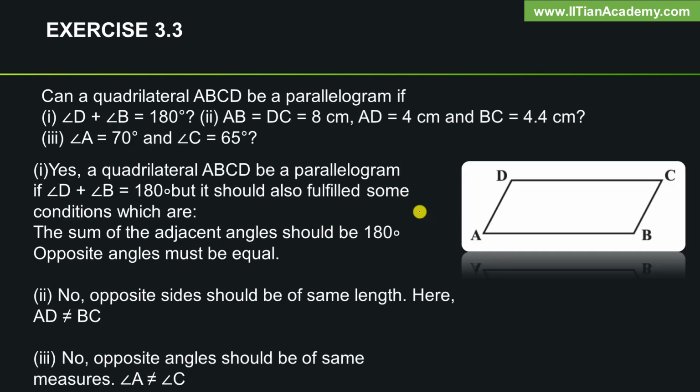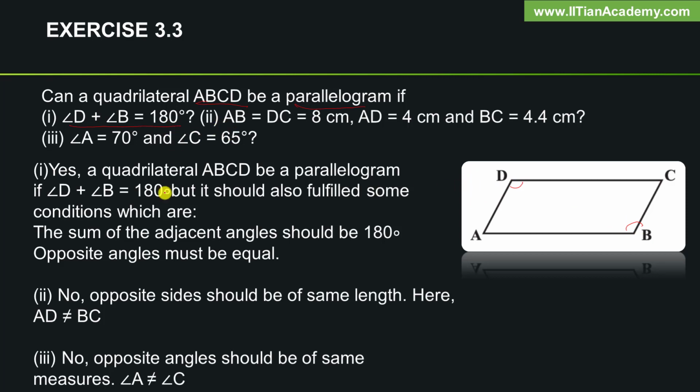Question 3. Here, we have to check, with the given condition, whether a quadrilateral ABCD can be a parallelogram or not. First condition, D plus B equals 180.